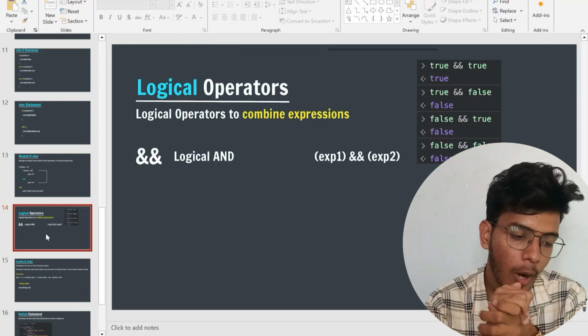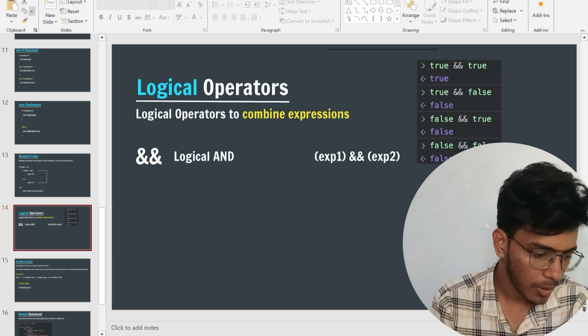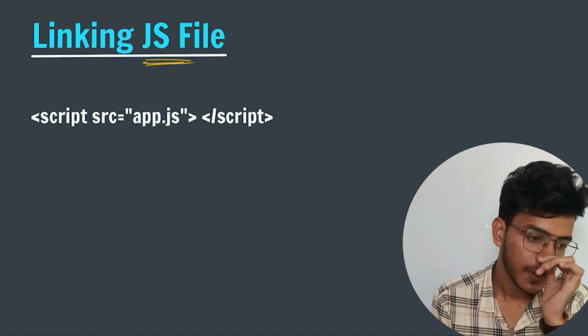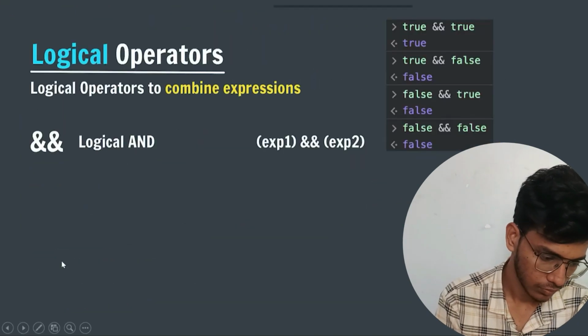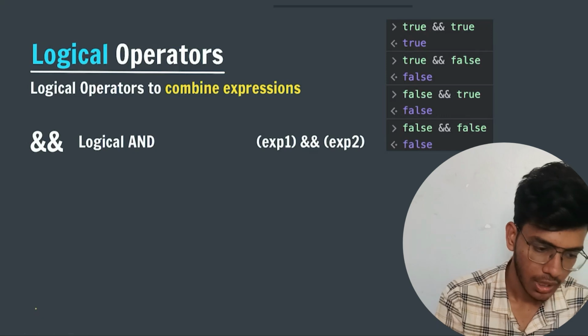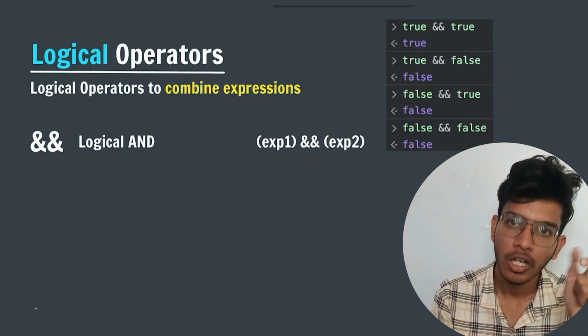Now the next operation we are having is logical operations. In logical operations, we are having concepts such as logical and, or, XOR. I will provide you a material to read.